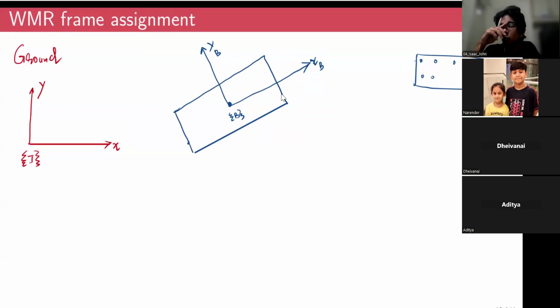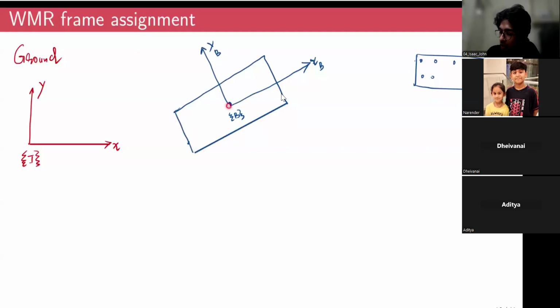So it's far easier to represent a rigid body with a coordinate frame, right? We can describe the rigid body by using a coordinate frame attached on this rigid body. It can be attached anywhere. You can attach it here, you can attach it on the centroid, or at the center of gravity. Whatever be the case.